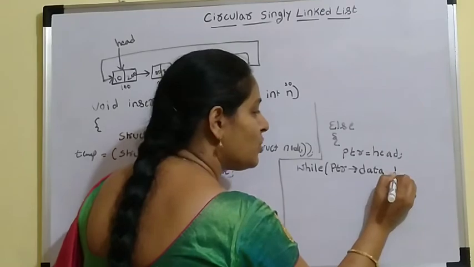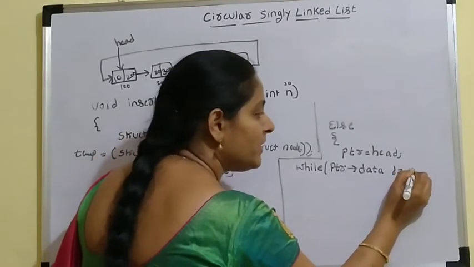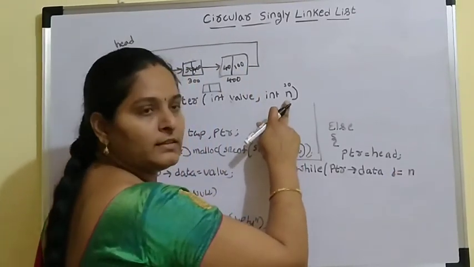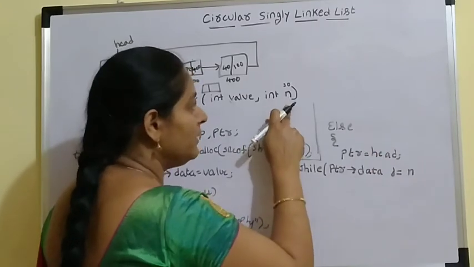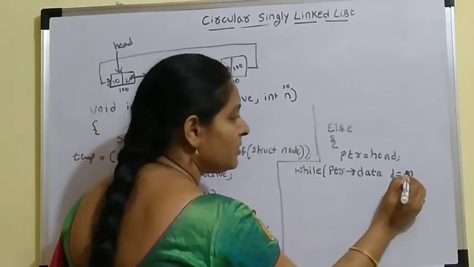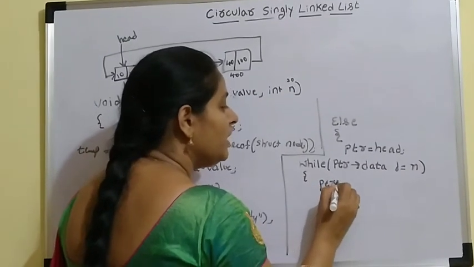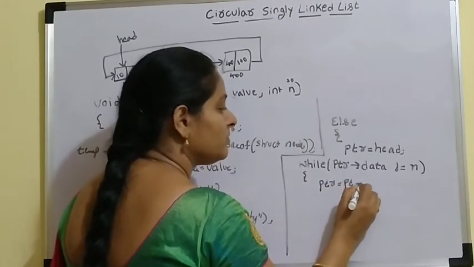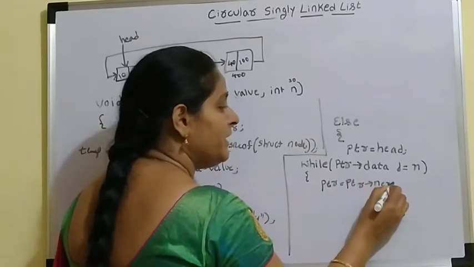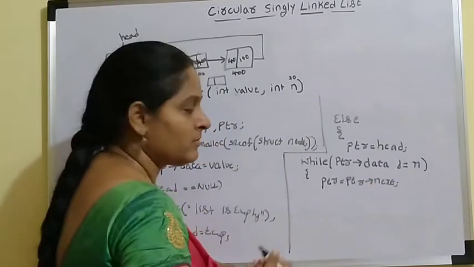Suppose PTR data is not equal to our n, that is, 30 is n. I am storing 30 in n. If PTR data is not equal to n, then move PTR to the next position.